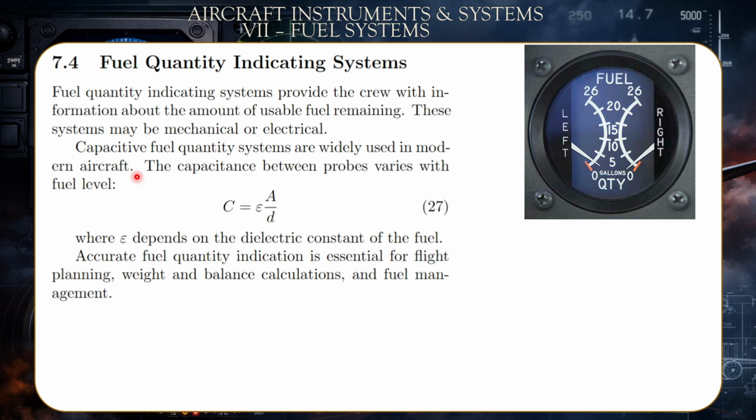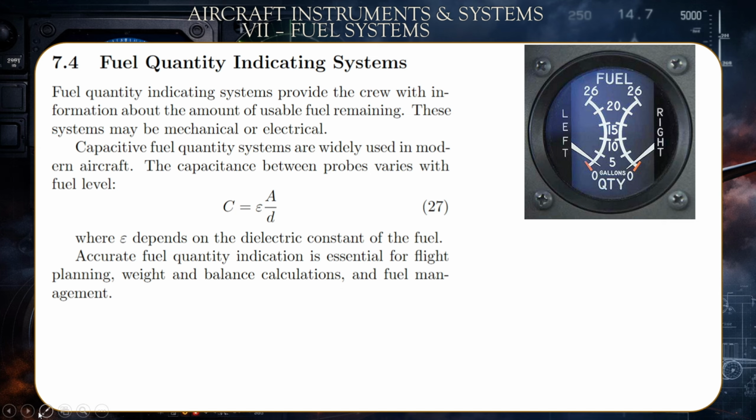The capacitance between the probes varies with fuel level, which is C equals epsilon A divided by d, where epsilon depends on the dielectric constant or permittivity of the fuel. Accurate fuel quantity indication is essential for flight planning, weight and balance calculations, and fuel management.